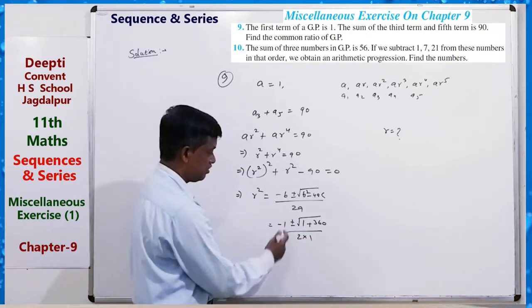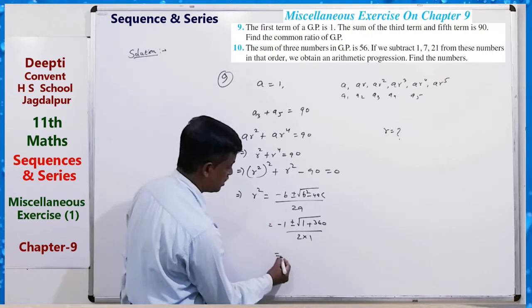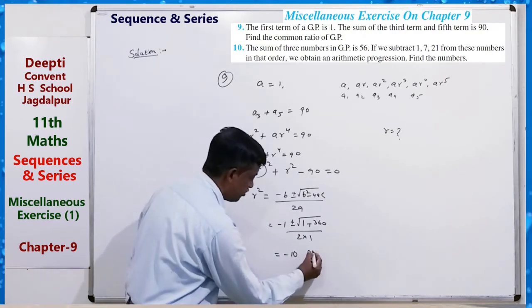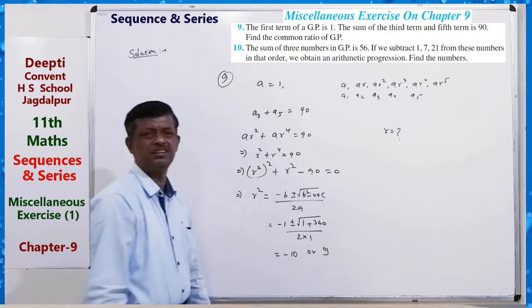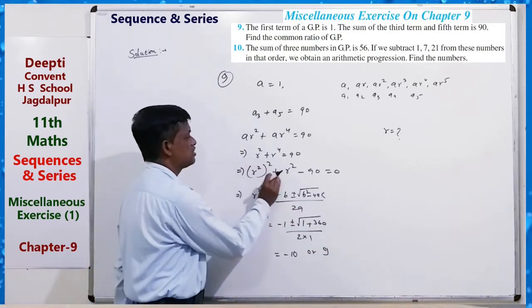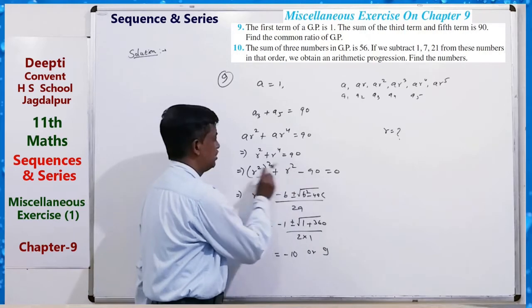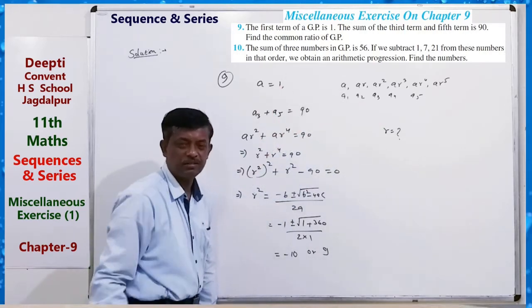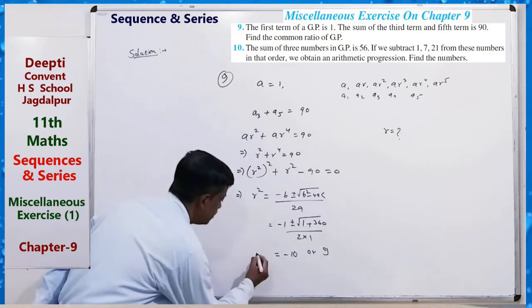So by taking plus sign and minus sign we can get minus 10 or 9. Just solve it using the quadratic formula.